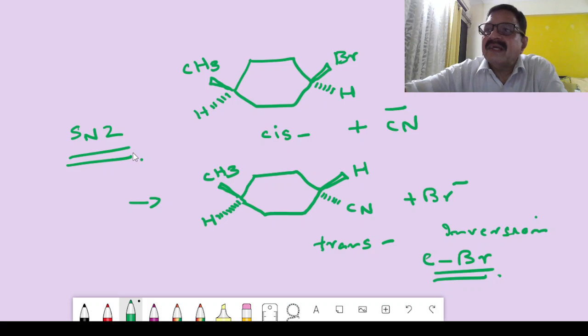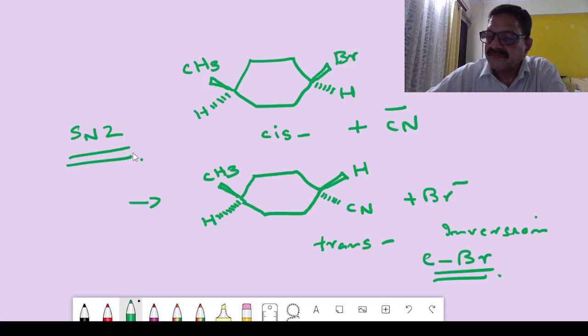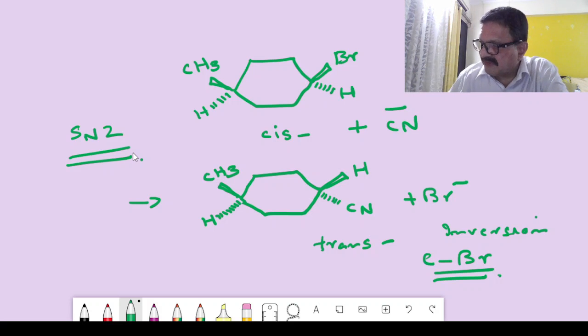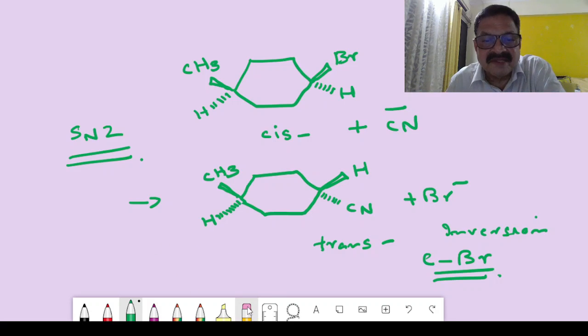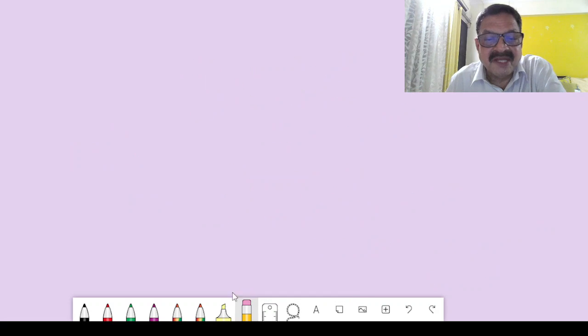Now, let us see the order of reactivity of the alkyl groups in Sn2. The order of reactivity means I will be discussing the steric effect; that is, how the rate of the reaction depends upon the nature of the alkyl halide.